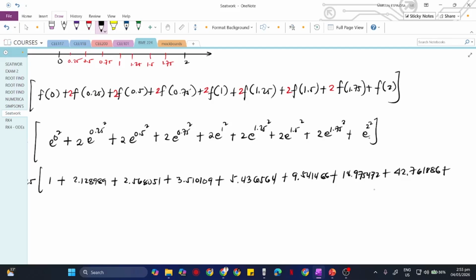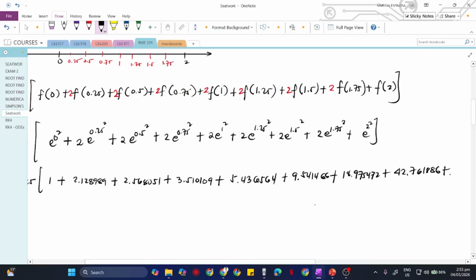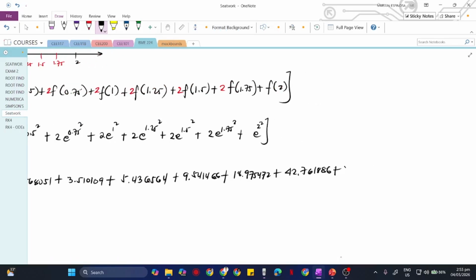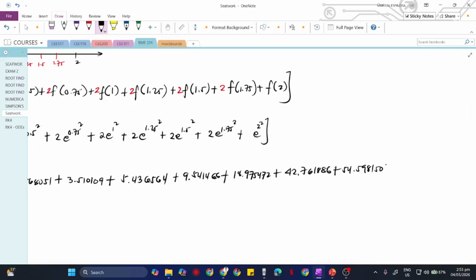And lastly, this one. There should be no 2 here. So let's calc 2, that is 54.598150.